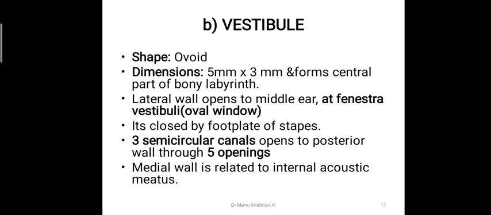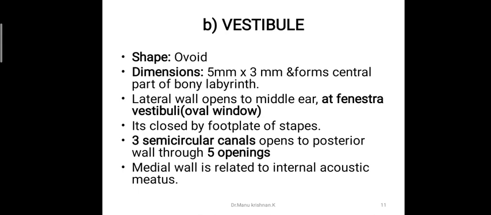It is closed by the foot plate of stapes. So, we have seen in the medial wall of the middle ear cavity there was the fenestra vestibuli or the oval window, which is covered by the foot plate of stapes. While explaining the middle ear cavity, I was explaining about the oval window. So, try to remember the same, and you can refer to the previous video if you have any doubts.